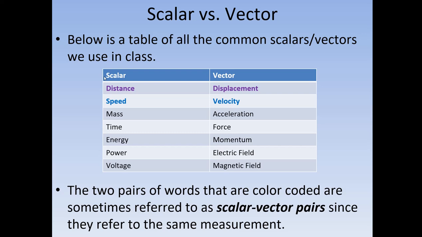The vector version is displacement. Same thing with speed and velocity. The main point of this is that something like mass or acceleration or time or force don't really have an alternate version. There's no vector version of time or a scalar version of mass. So sometimes it's important to remember that those two or four are kind of linked.